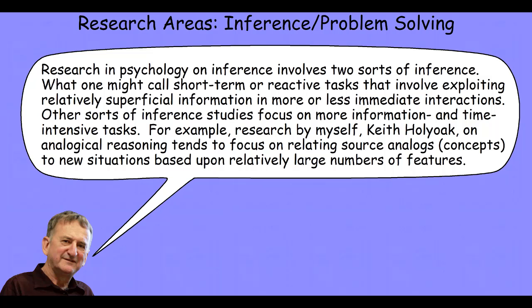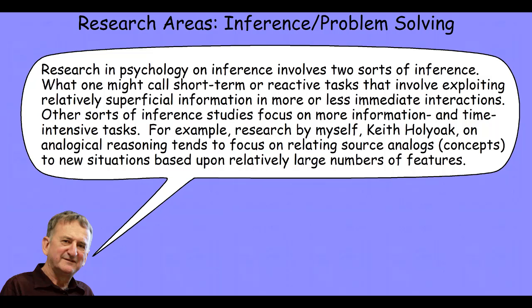Other sorts of inference studies focus on more information and time-intensive tasks. So for instance, research by Keith Holyoak, who's pictured down here, on analogical reasoning, tends to focus on how we can exploit relationships, perceived similarities between a source analog, something that we have experience with, we have a conception of, and a new situation, something that we don't have an experience of or a conception of.